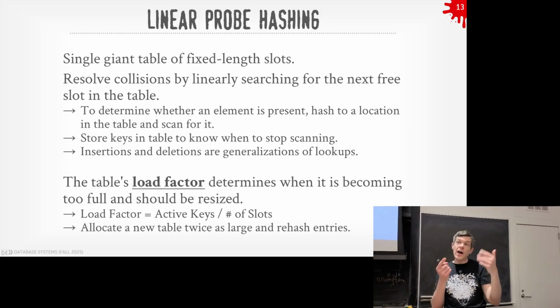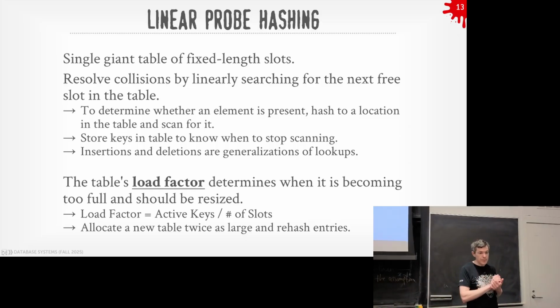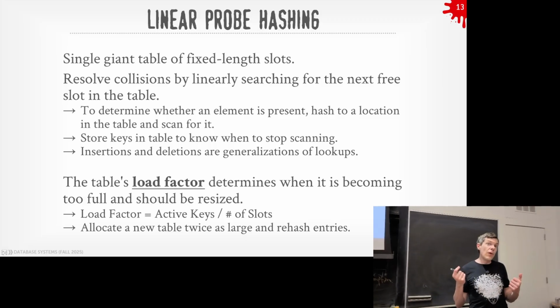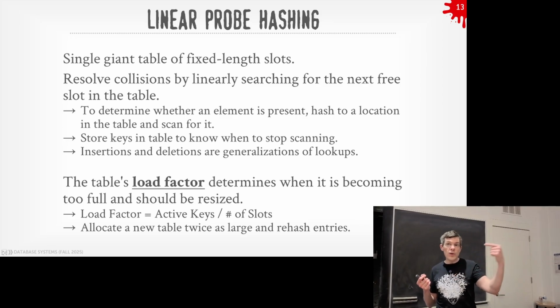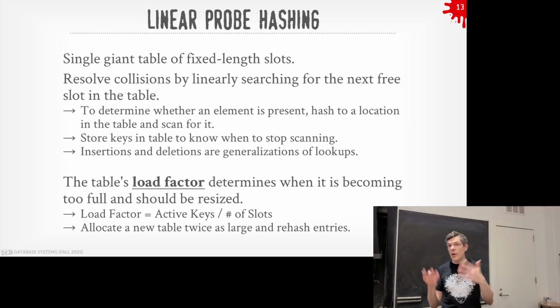Once we find the free slot, we can put our key in, and then we're done. Insertions, deletions and searches all work the same way. We do have to keep track of where we started when we entered the hash table, because we'll loop back around, and if we come back to the original location, we don't want to get stuck in an infinite loop because the hash table is full.